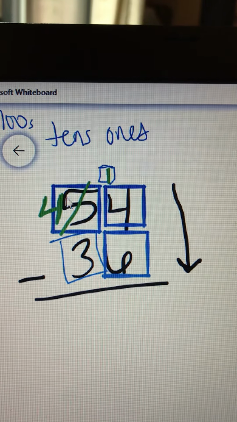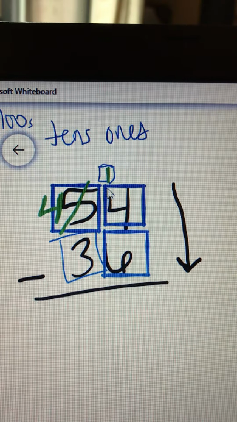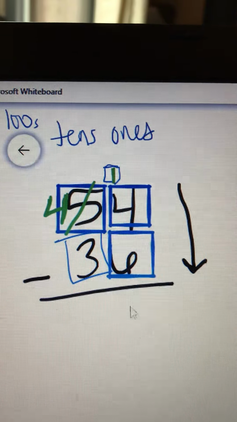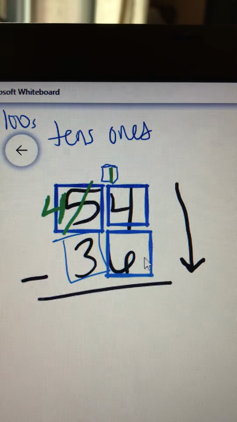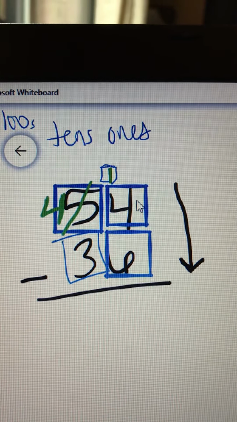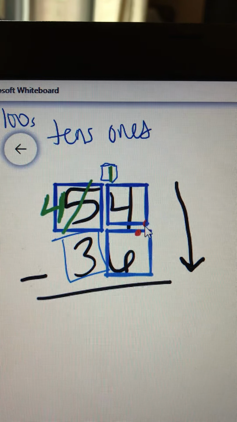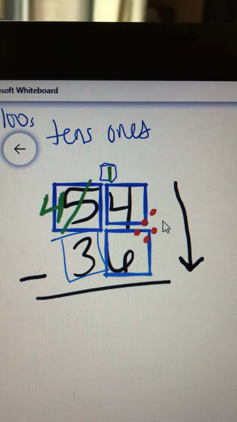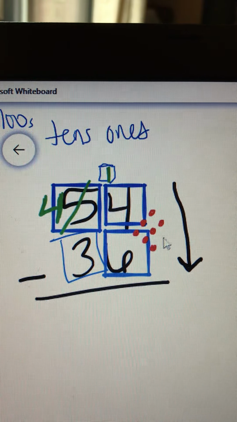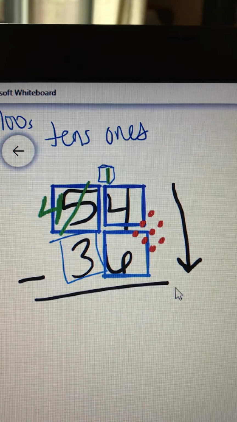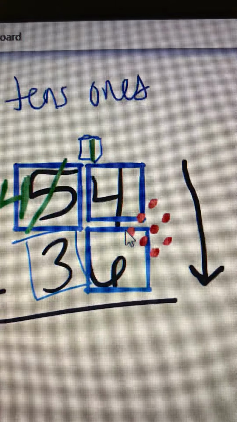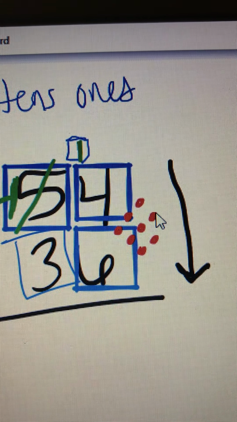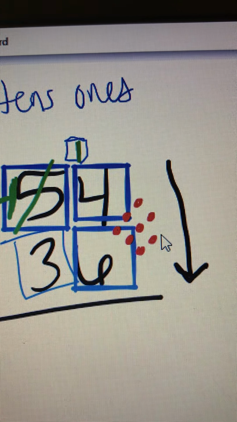So 4 and put a 1 right here, and remember this turns into a 14. Okay, so now we can go ahead and we can count up from 6 to 14. 7, 8, 9, 10, 11, 12, 13, 14. Now count your dots. 1, 2, 3, 4, 5, 6, 7, 8.